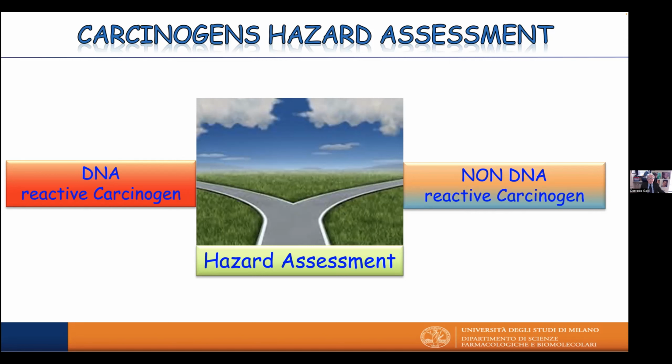For the epigenetic carcinogens, which are carcinogens not through a DNA mechanism, the guidelines will indicate that you can admit a threshold. In that case, you can calculate a point of departure and derive a safe dose. That is not possible for the DNA-reactive carcinogen.